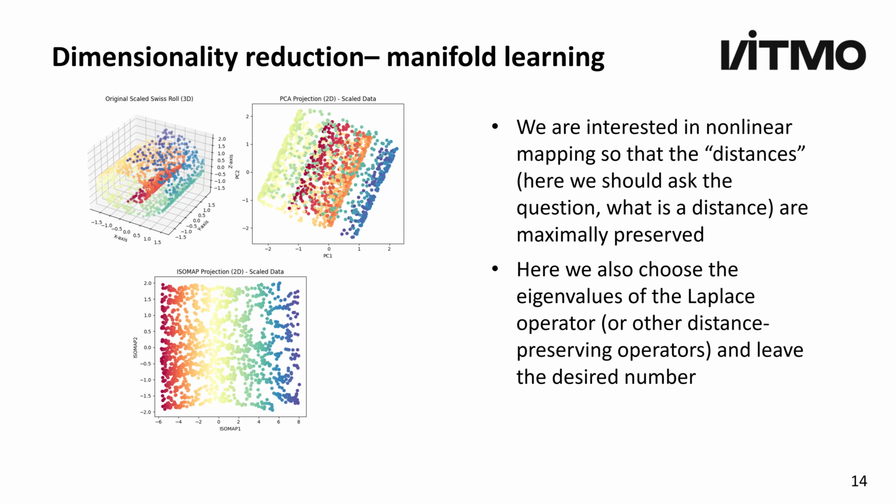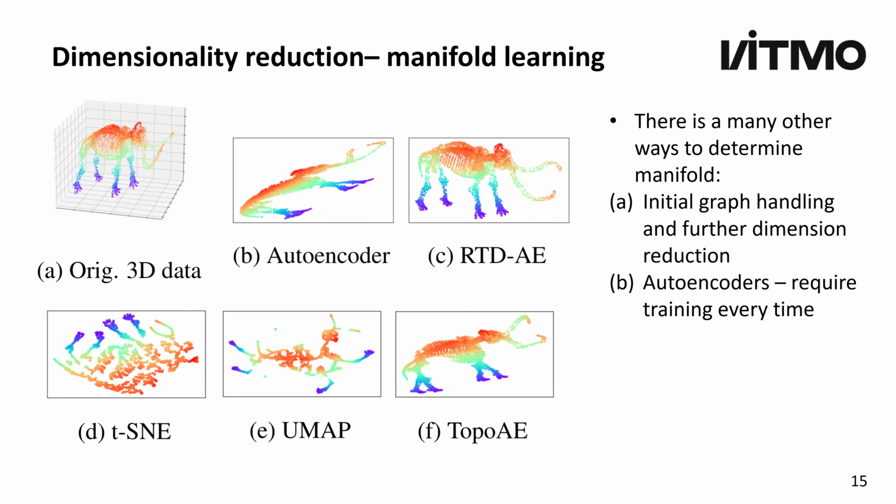What else could we do? There are essentially two points of view. The first one is to try to do more sophisticated things with the initial graph. I forgot to mention that the initial graph is still obtained using Euclidean distances in feature space. But manifold learning methods differ in what happens with the initial graph thereafter.